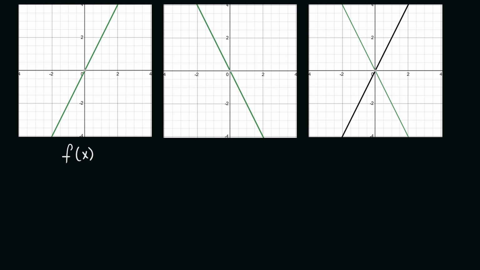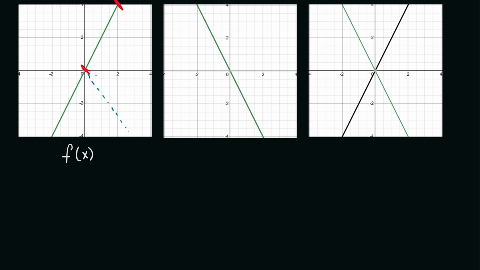So now we're making this portion that's currently positive, all the way from here to infinity, reflect over the x-axis. So then it would look something like this. I'm going to draw this in blue.